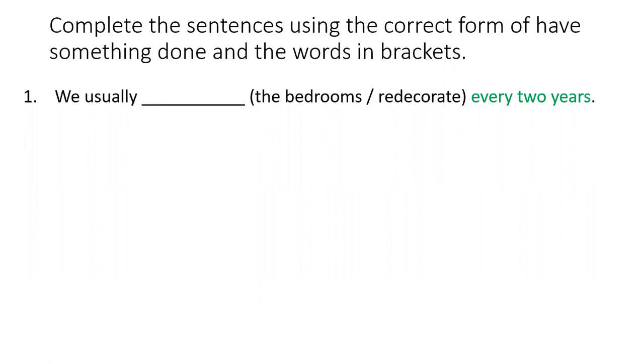So when I look at the first sentence, we usually, the bedrooms redecorate every 2 years. Notice that I need to use redecorate as the main verb, the verb 3 after the object. The bedrooms is the object. And I just have to use verb have in the correct tense. What is the correct tense of verb have with every 2 years? Every 2 years takes simple present.